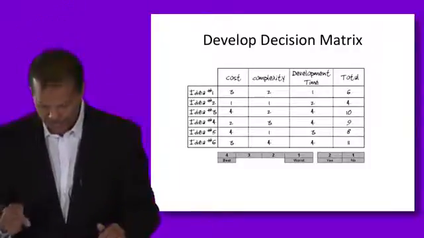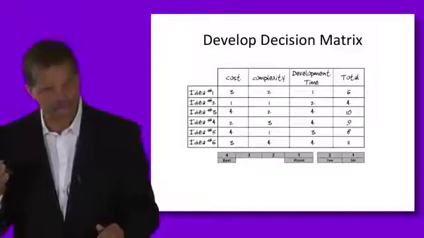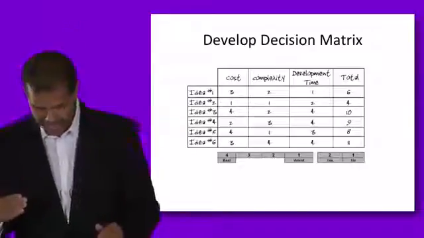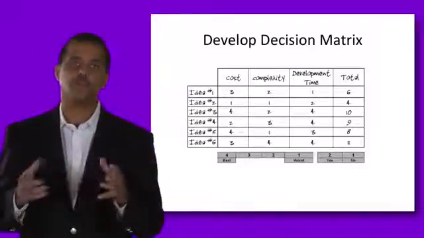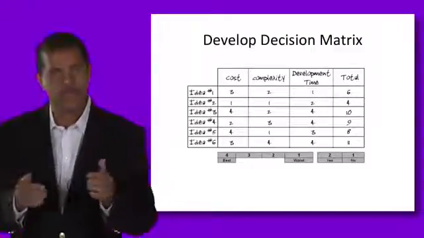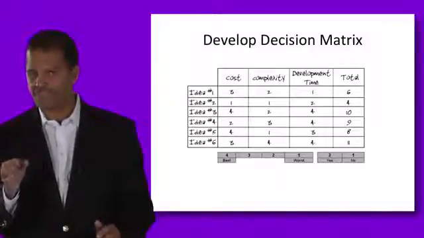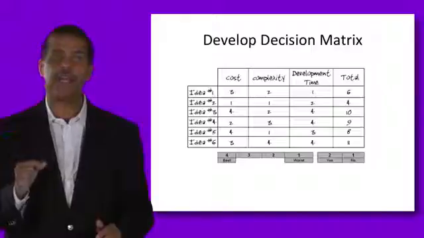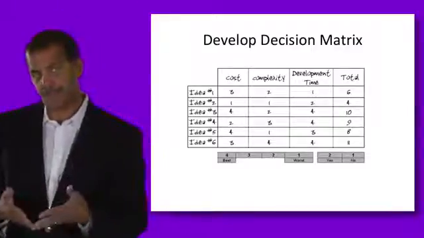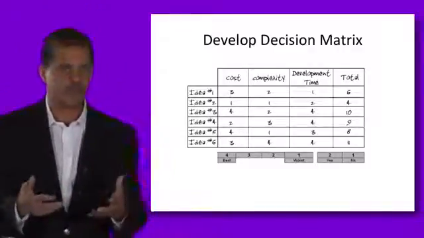So if we look down here, idea number 1 has 6, idea number 2 has 4, idea number 3 has 10, and then 9 and 8, and then 11. If you were to just eyeball it, you would say, you know what, we're going to go with idea number 6. Because according to this decision-making criteria, from purely a quantitative point of view, you would choose 11. But we make decisions based upon numbers, and we make decisions based upon gut and heart and feel.